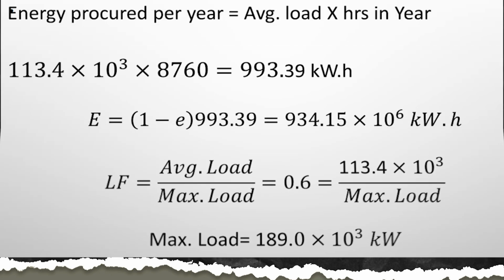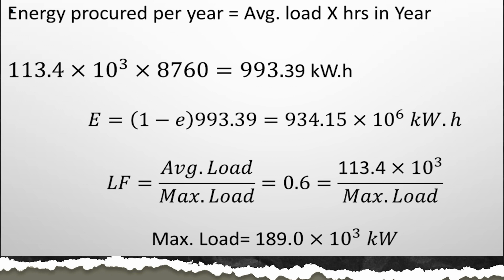Now how can I find the energy produced per year? Energy produced per year is equal to the average load into the number of hours in a year. So average load is 113.4 into 10 raised to 3, into 8760. The annual energy produced per year that I will get is 993.39 into 10 raised to 6 kilowatt hour.